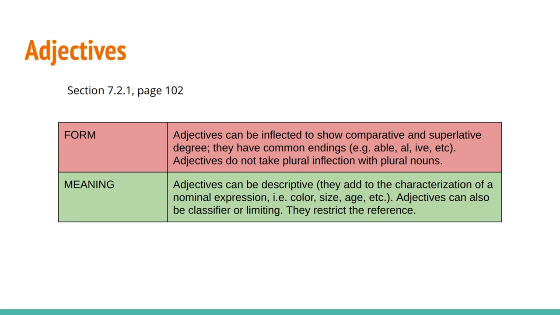I'm the only person, I'm the only one. "Only" there is not describing my physical characteristics, but is restricting my reference, in this case by number. So we are not giving information about the physical appearance of someone, but we are limiting or excluding other participants.